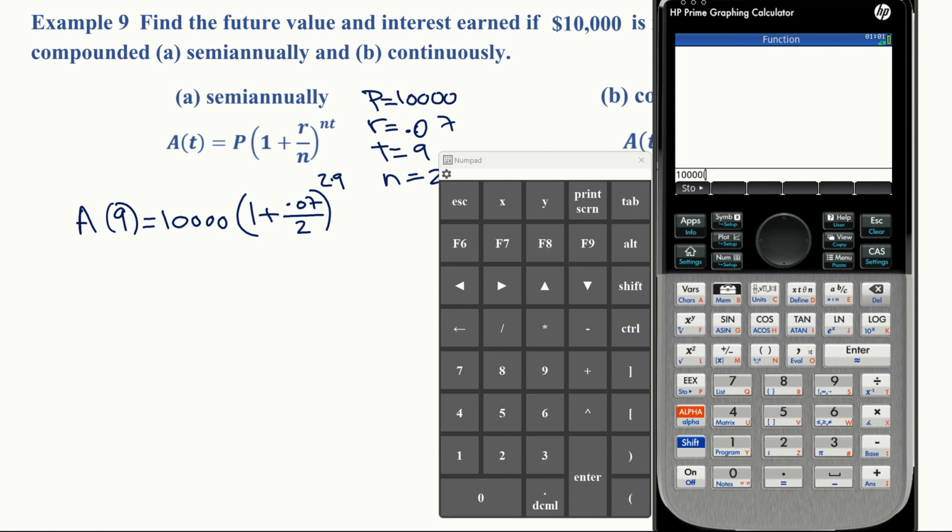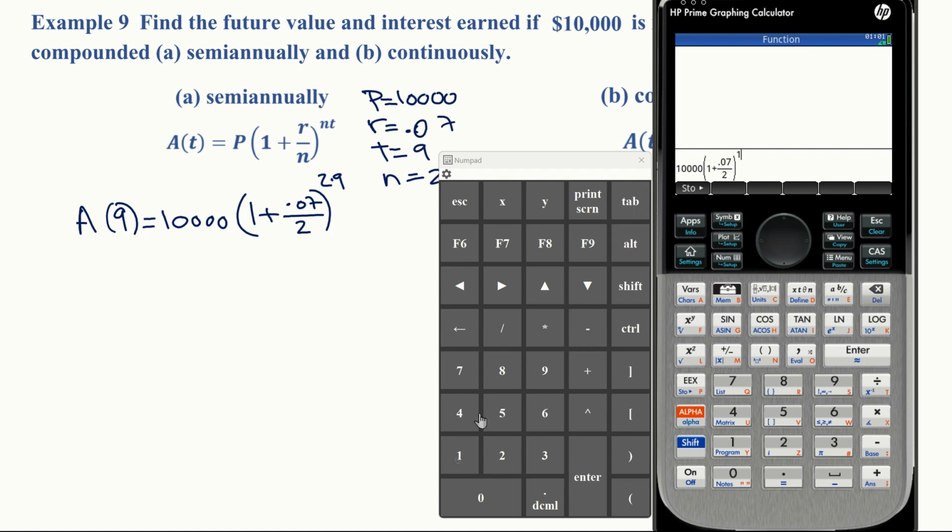So 10,000 and then times 1 plus 0.07 over 2, and then we need to get out of the fraction so we can enter our parentheses, and then we're going to raise to the power of 2 times 9.